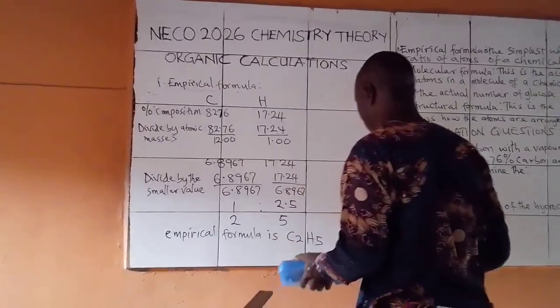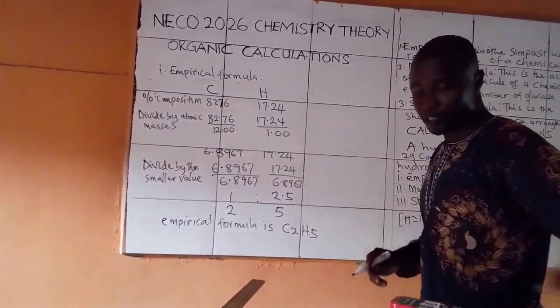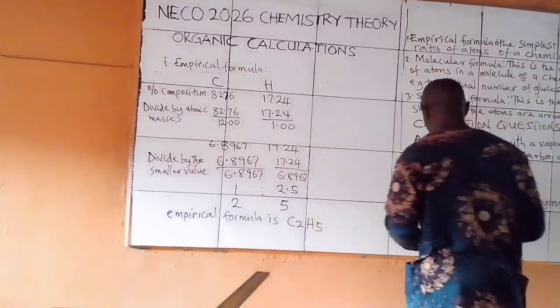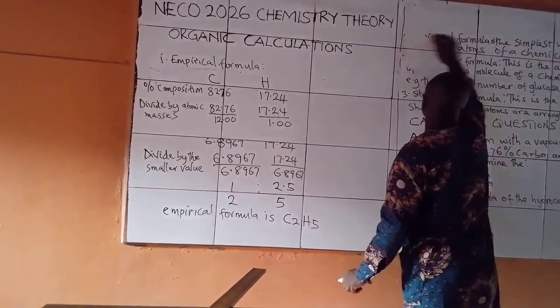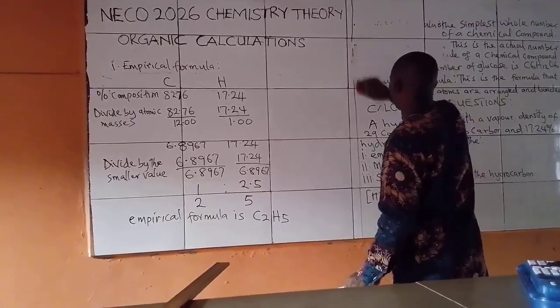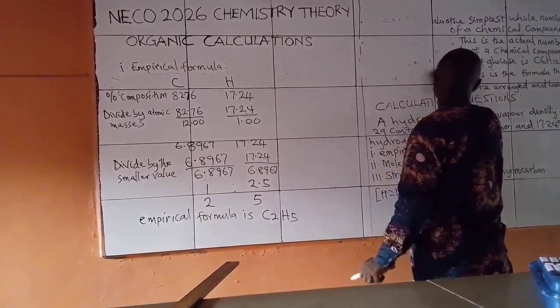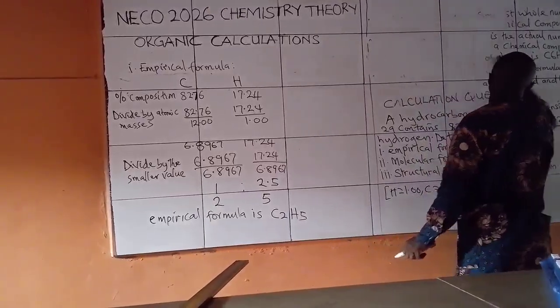C2H5N. That is the empirical formula. Now, having calculated the empirical formula, we move to the second question, which is on molecular formula.